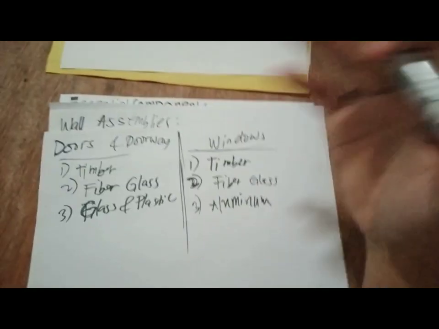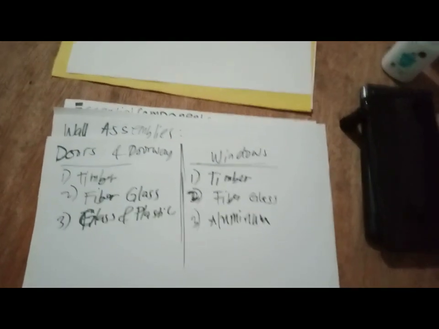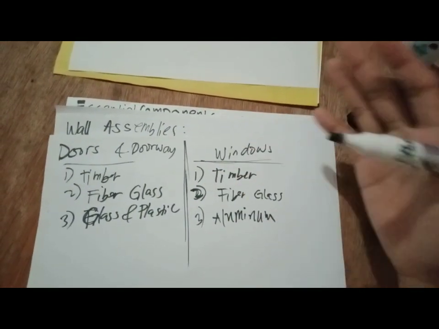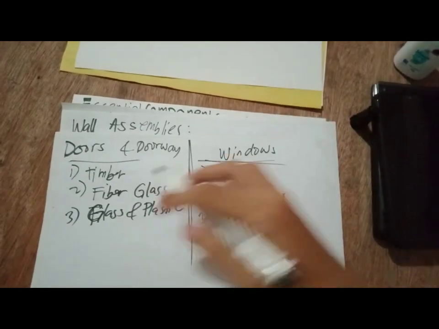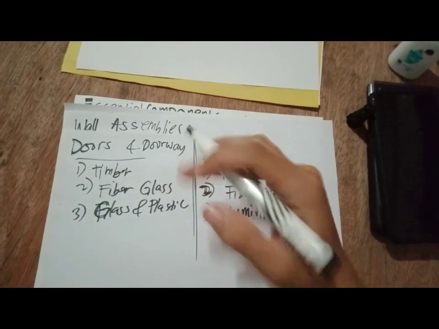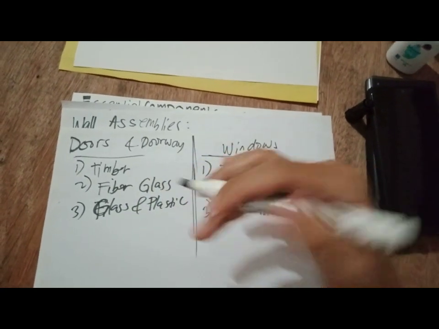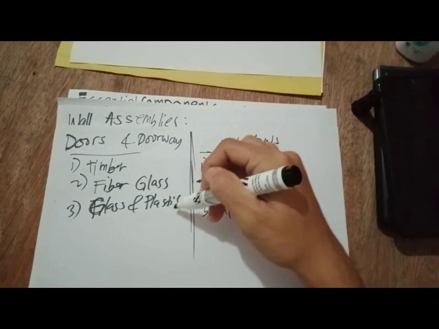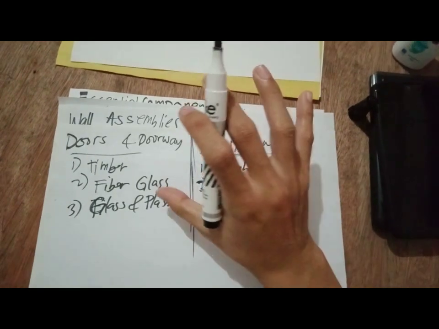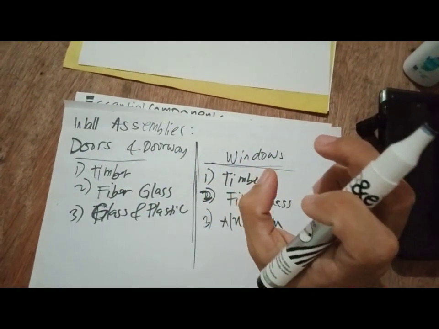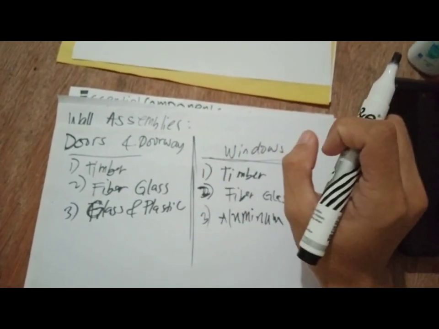That is the main purpose of fiberglass, aside from aesthetics. And we have also glass and plastic, very similar to fiberglass, but it is a combination of the two types of material. The plastic serves as the framing for your doors, and the glass for the middle part of your door.